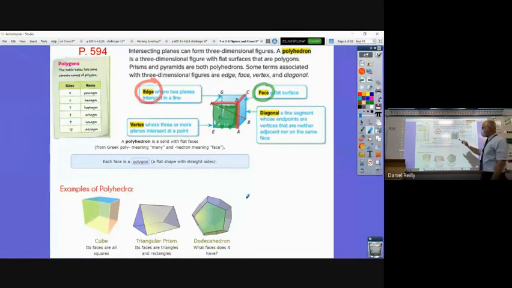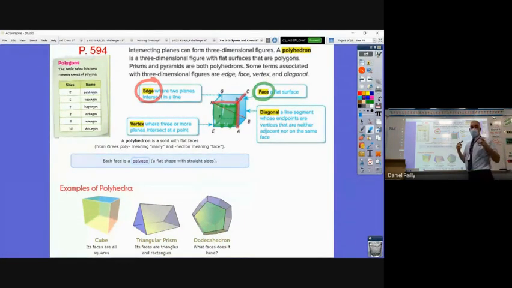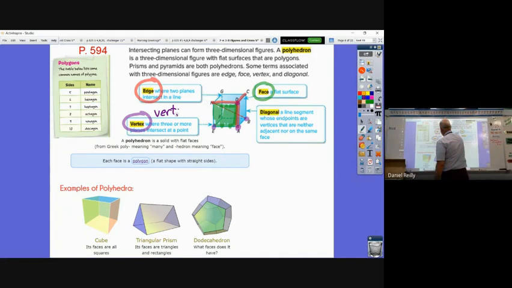A vertex is where three or more edges intersect. It's the corners of the shape. This point, this point, this point, this point. Those are all vertices. The plural of vertex is vertices.